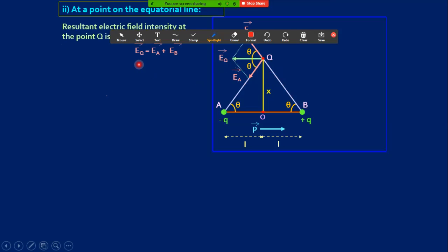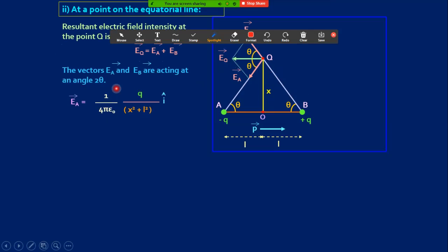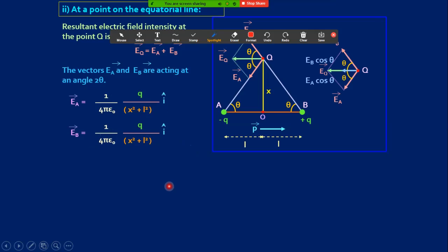The resultant electric field intensity is EQ = EA + EB. Now EA is equal to 1 divided by 4 pi epsilon naught, Q divided by x square plus L square, and EB similarly. So here we are using the vector resolving method.